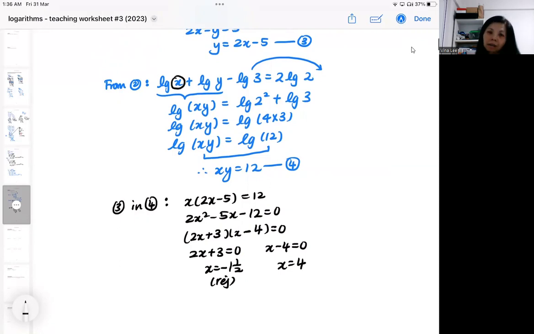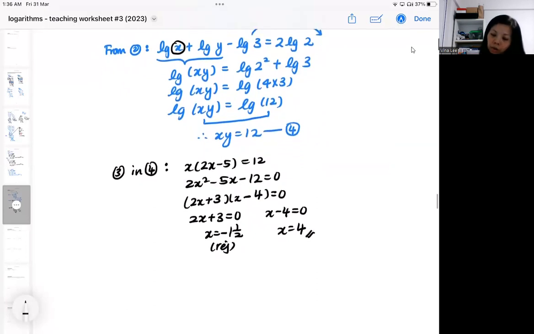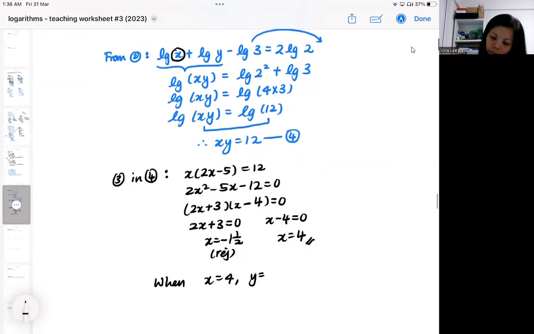So lg x, so x couldn't be negative, otherwise the lg will be undefined. So there's only one answer for x. So use that one answer, find your y. That will be 2x minus 5. So that will be your answer.